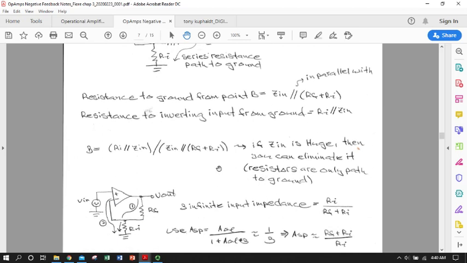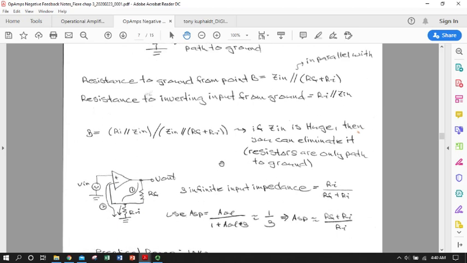So we do another approximation here, which we will rely heavily on in Chapter 4 when we start doing some practical circuit design with op amps. Let's assume that Zin is huge, which it very often is for op amps, likely because you've got that differential amplifier up front with current sources that have huge input impedances in them, which is something we relied upon when we were doing Zin and Zout in those simpler circuits.